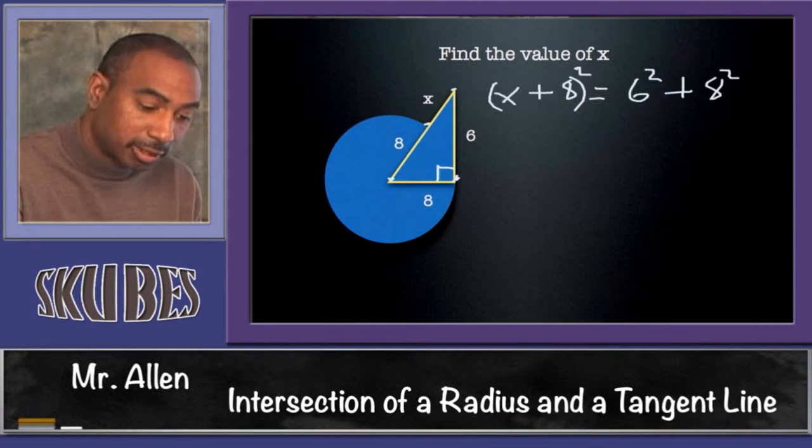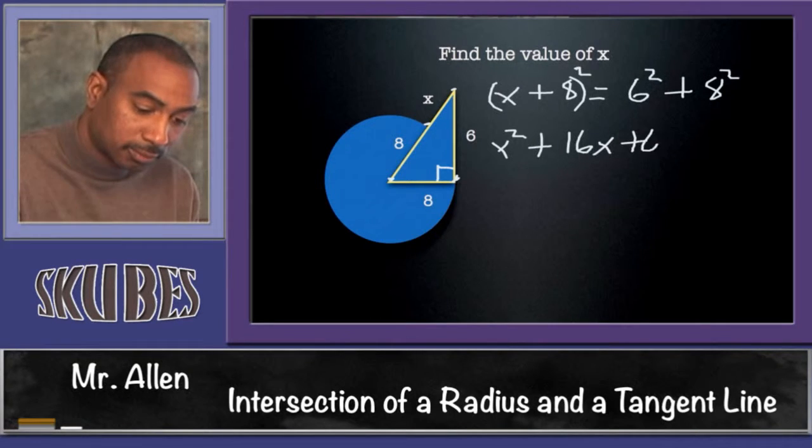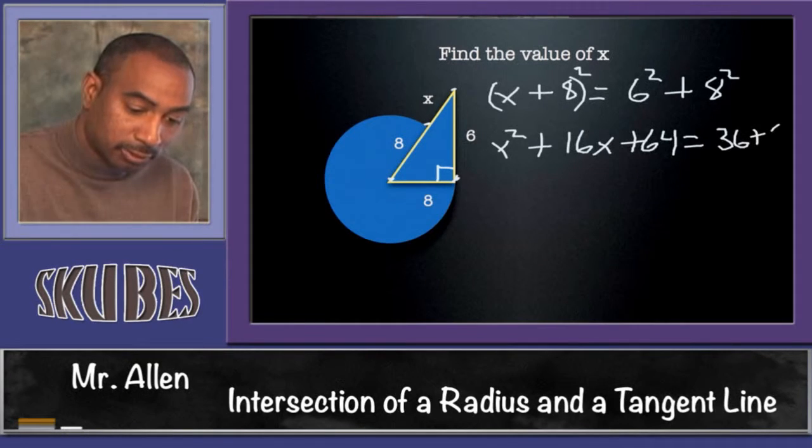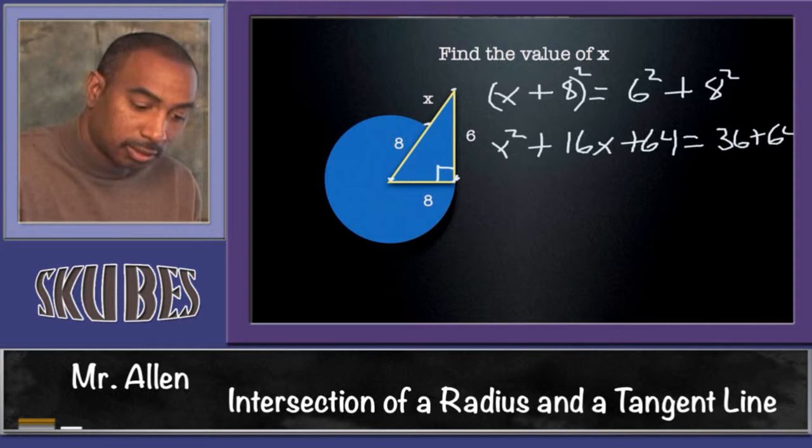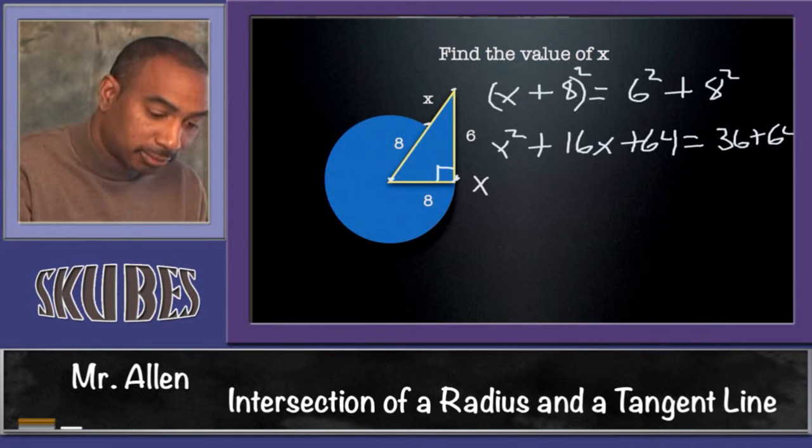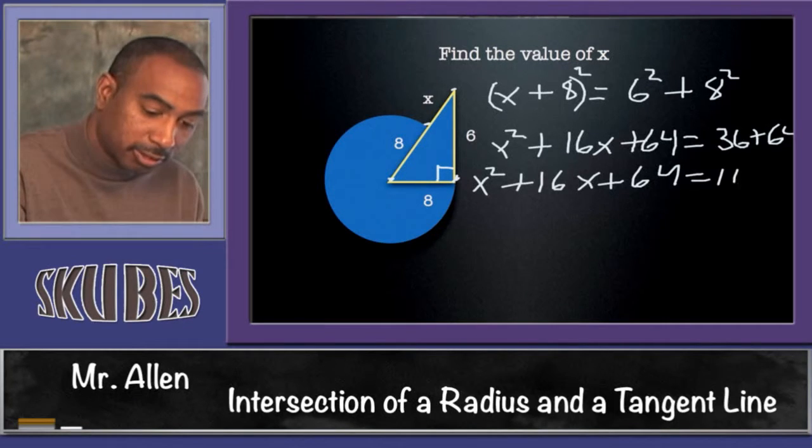You expand this, you're going to get x squared plus 16x plus 64. And that's equal to 36 plus 64. So you get x squared plus 16x plus 64 equals 100.